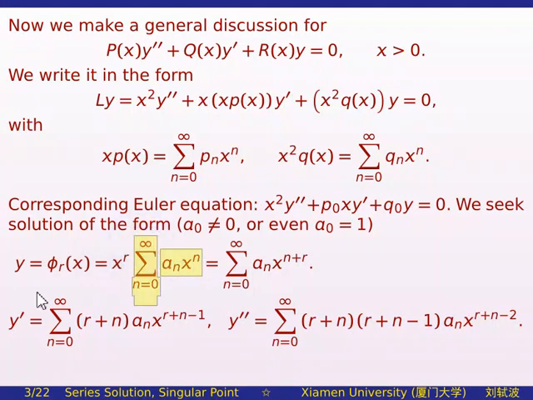This is the series expansion of y, and the r here is unknown, to be determined. Because this function depends on the variable x, but also depends on the parameter r, we denote this function by phi_r(x). You can also consider this as a two-variable function. The variables are x and r.